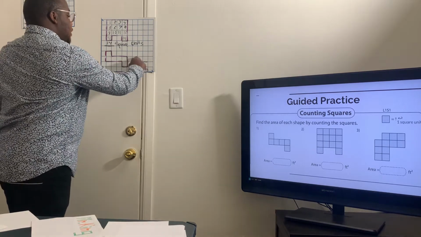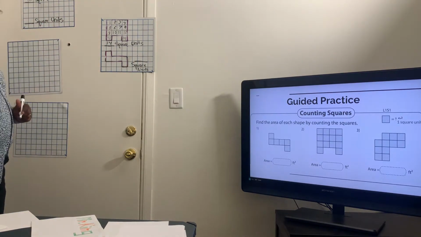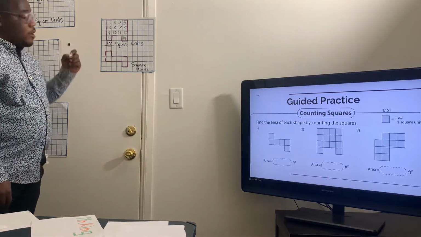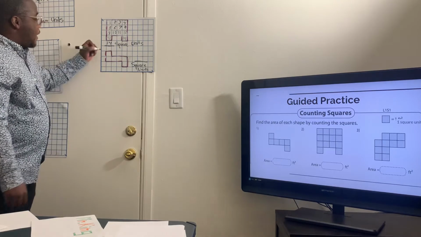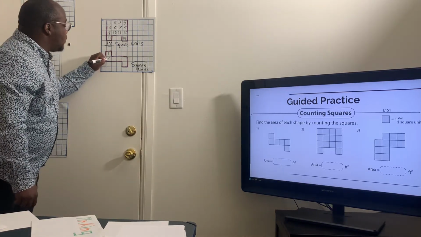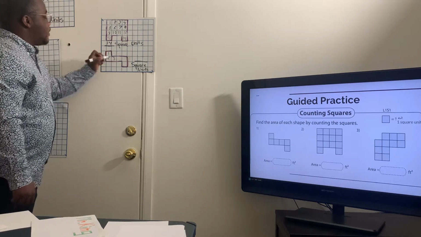Good. Let's look at this last shape. This is easy. It can be hard, but you can help out other people. Okay. 1, 2, 3, 4, 5.